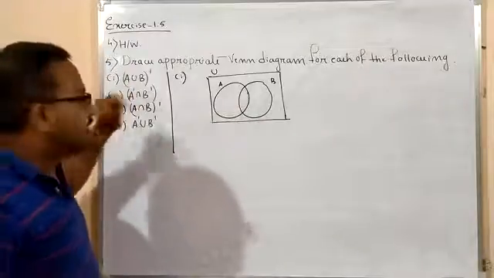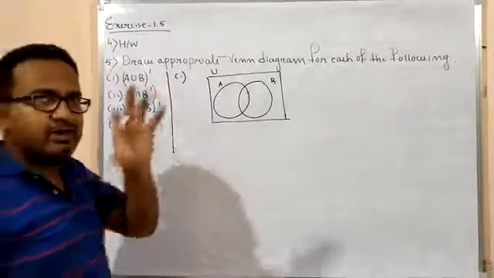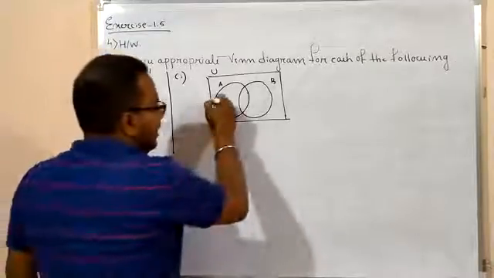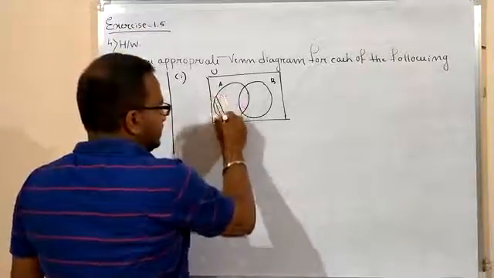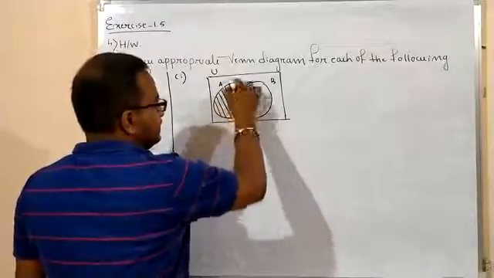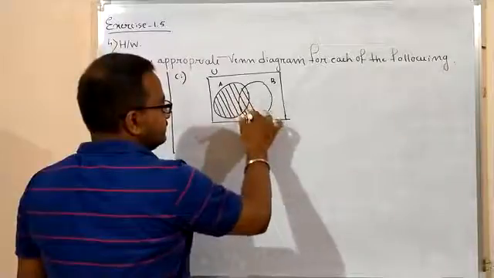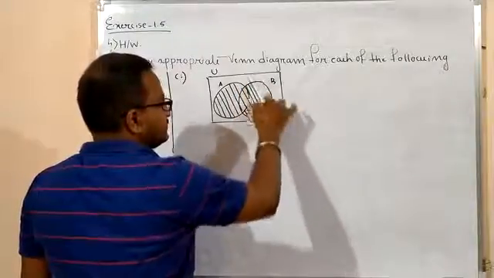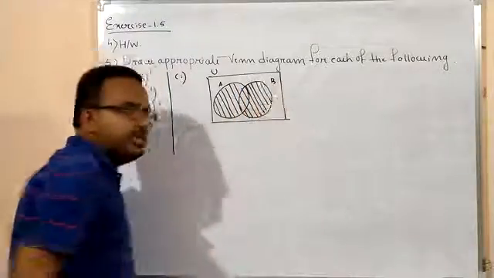Now A union B. First of all, you have to identify what is A union B. So A union B is this one, isn't it? This one. You just shade it. This is your A union B.